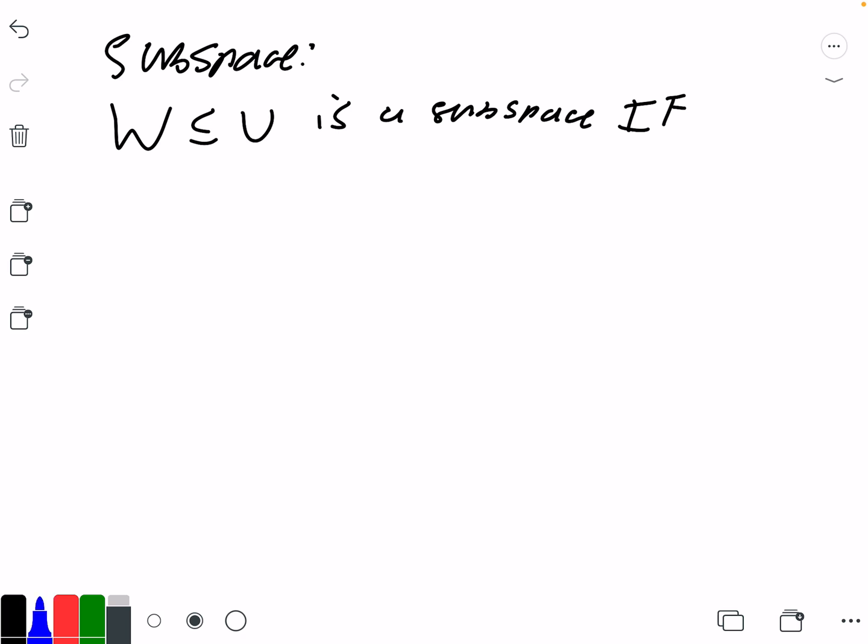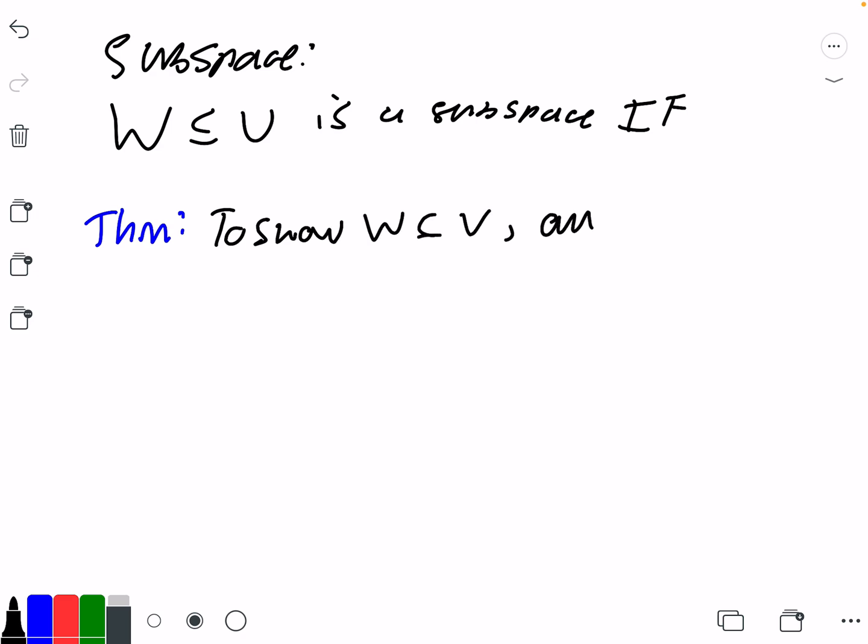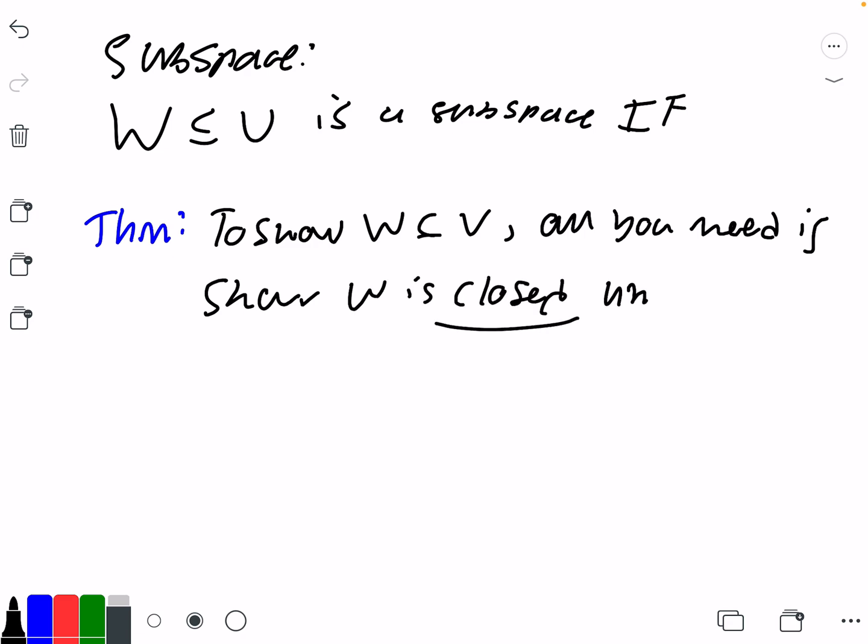We have a result that to show W is a vector subspace of V, all you need to do is show that W is closed under addition and scalar multiplication.